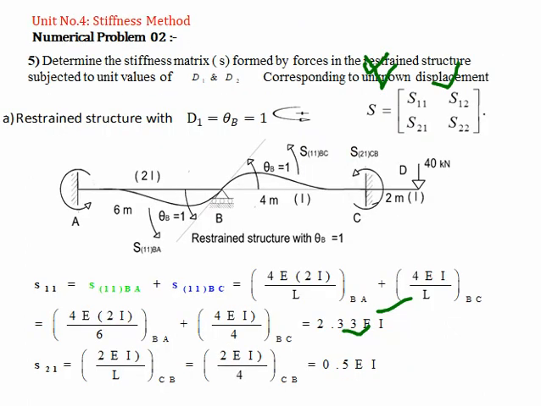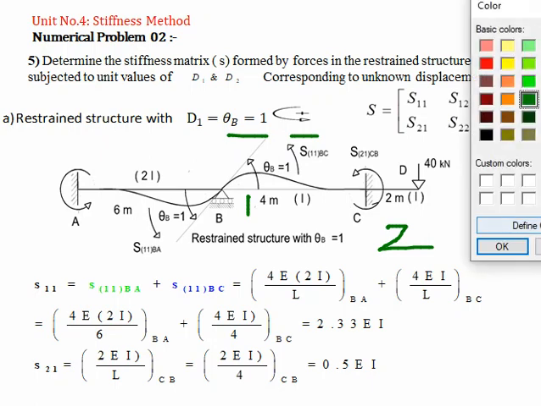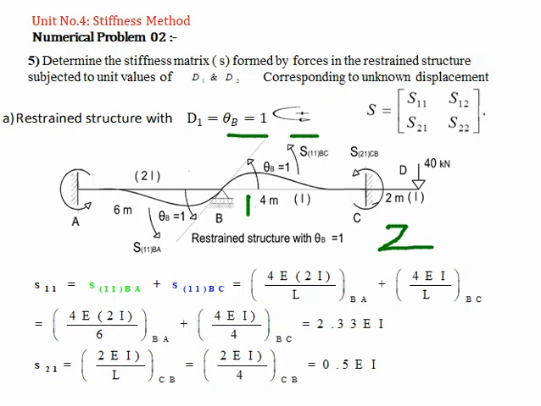Then we formed the stiffness matrix by giving unit rotation theta b equal to 1. At 1 there is theta b, and at location 2 there is theta c. So we are applying the force in the direction of the first unknown.